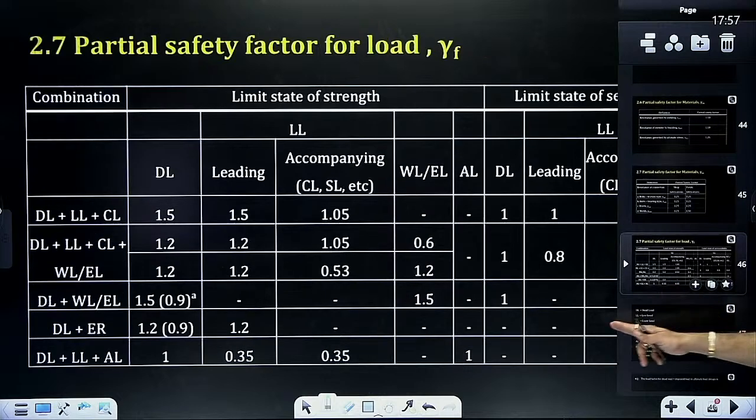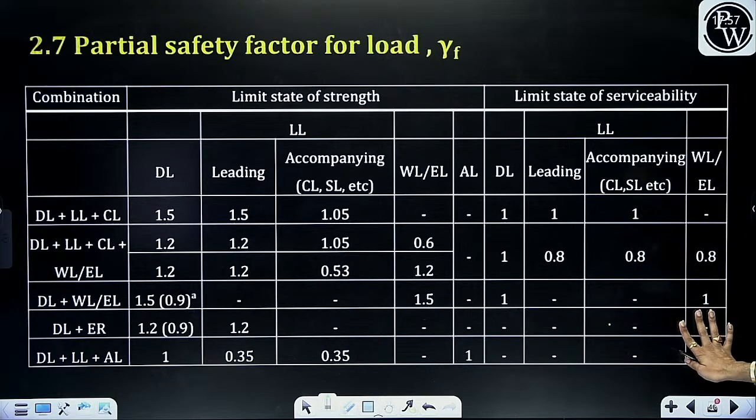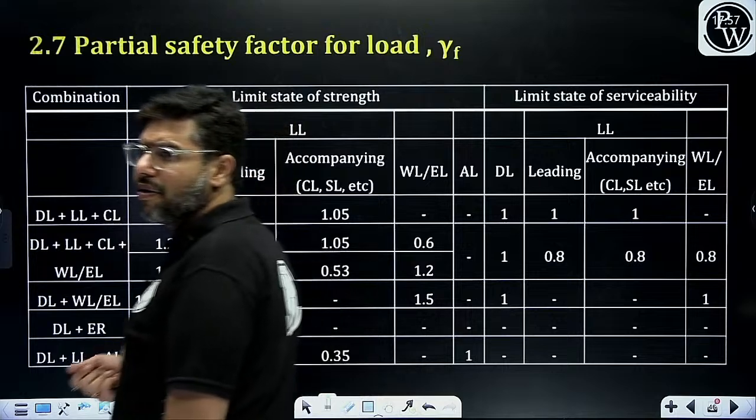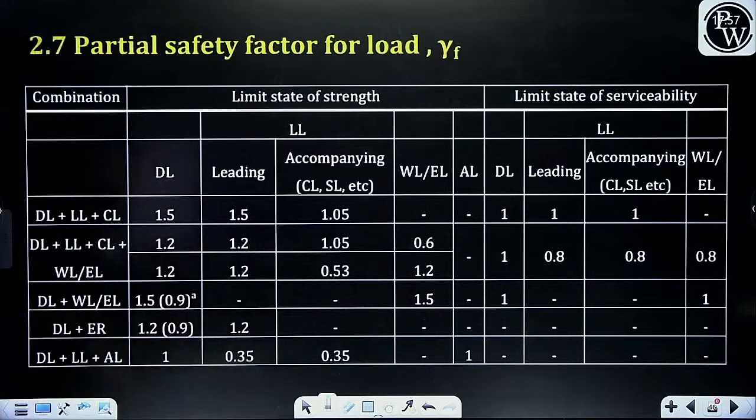Now, the partial safety factor for load. This is the same partial safety factor for loading that you have used in RCC. You remember this table? Please let me know, or do I have to discuss it in detail? You have already discussed this in RCC, so I don't want to do it. The same table is there. We have various kinds of load combinations.